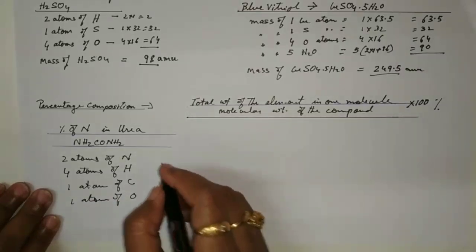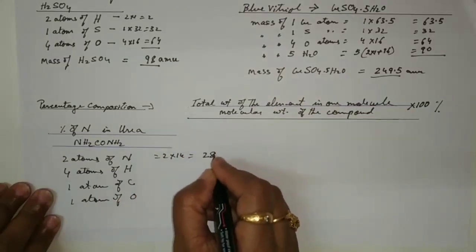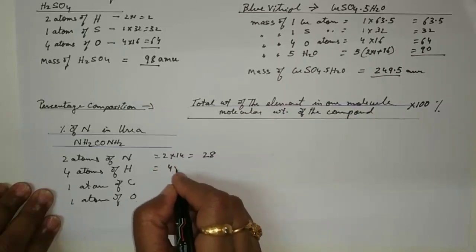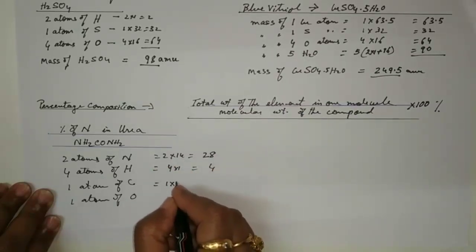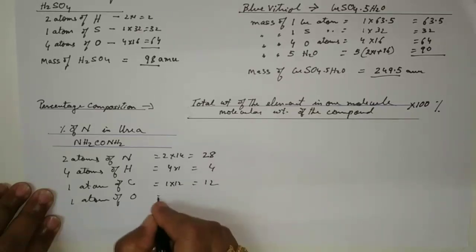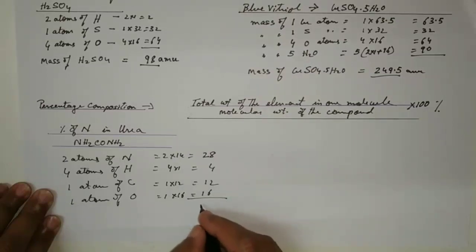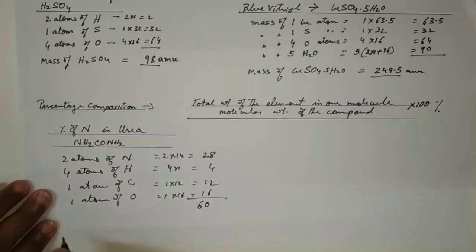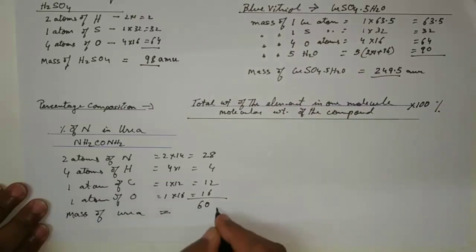So you have 2 into 14 is 28, 4 into 1 is 4, 1 into 12 is 12, 1 into 16 is 16, and you add up to get 60. So the mass of urea is equal to 60 AMU.